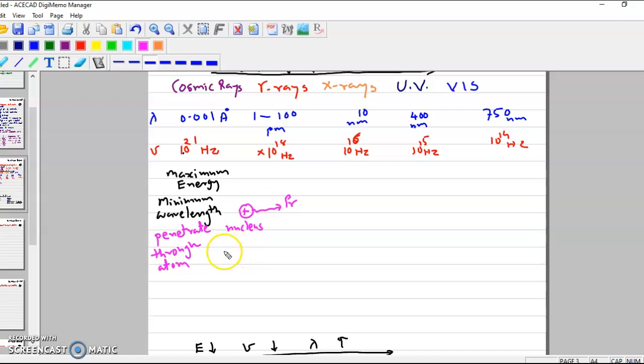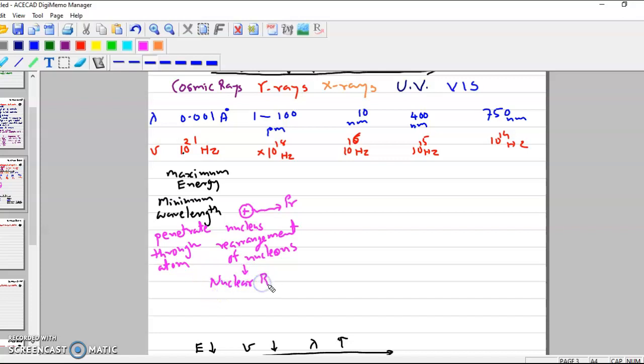So when an atom or molecule absorbs gamma rays, there will be rearrangement of nucleons, with energy about 10^9 to 10^11 joule per gram atom, and it is known as a nuclear reaction.